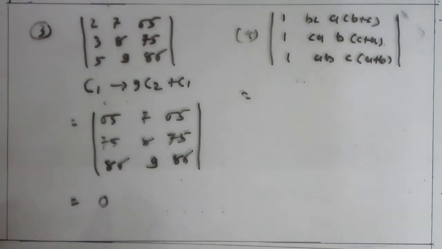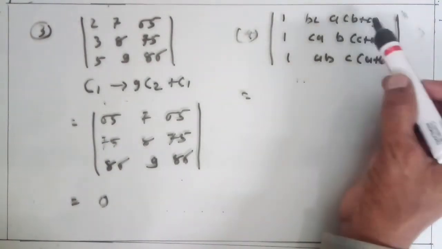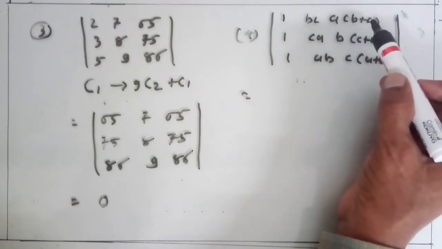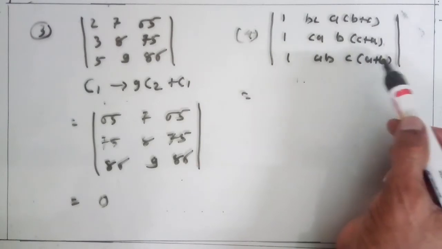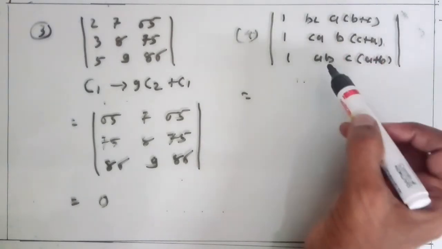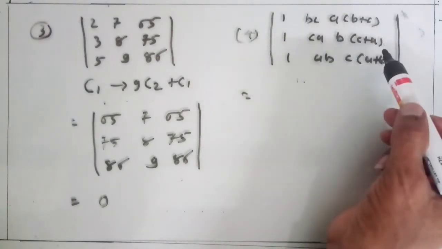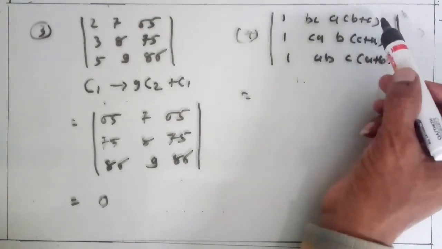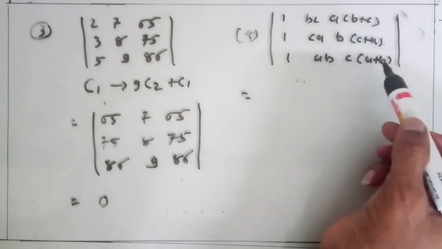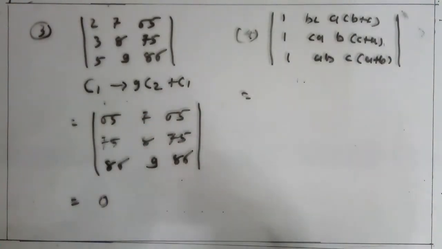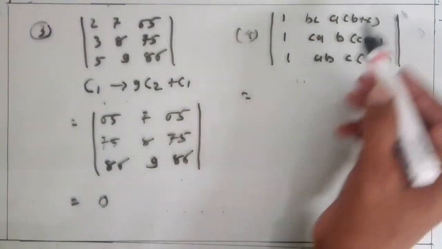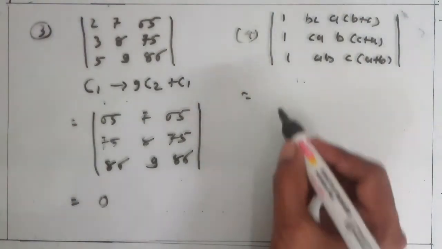Think how we make it the same. If we take a inside, then here we get AB plus AC, BC plus AB, AC plus BC, and add this column to the third, then we get AB plus BC plus CA, AB plus BC plus CA, AB plus BC plus CA. Take common. Clear this? Then we get two columns the same, 1 1 1, and the last column also 1 1 1.